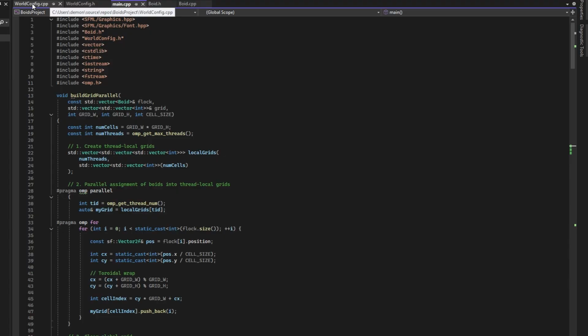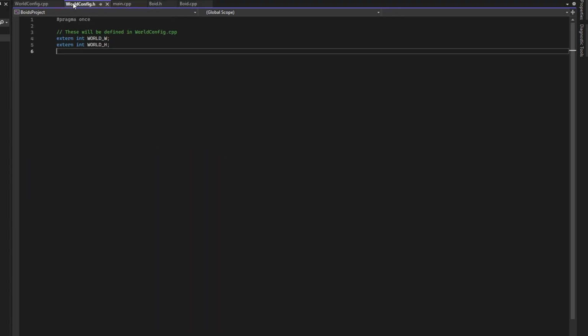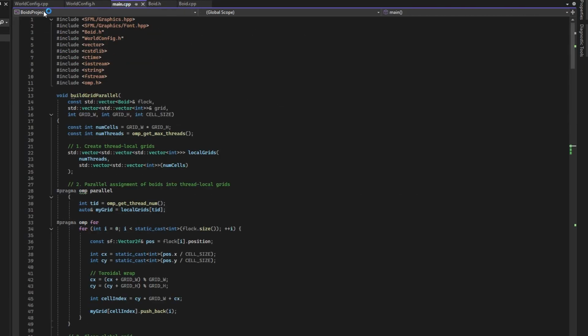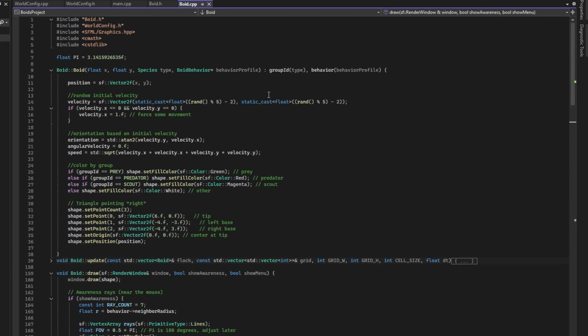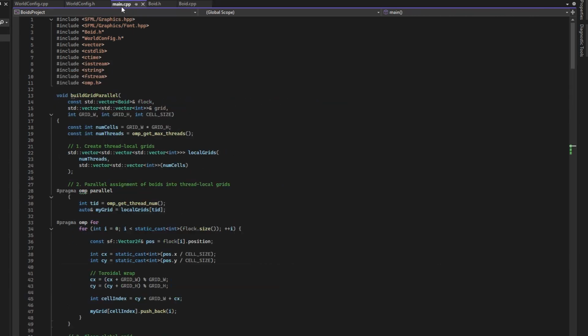This header and this CPP file aren't really necessary, but it was just so I had an external variable that I could share between Boids CPP and main CPP, because part of the logic is in the main loop and part of the logic is in each Boids loop.